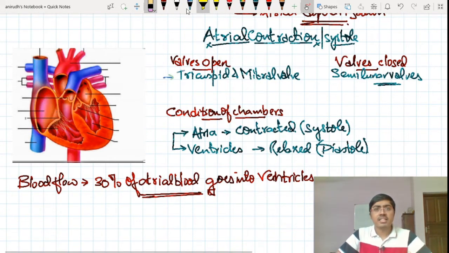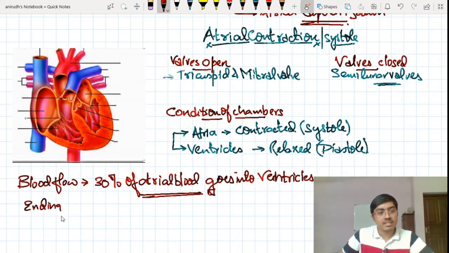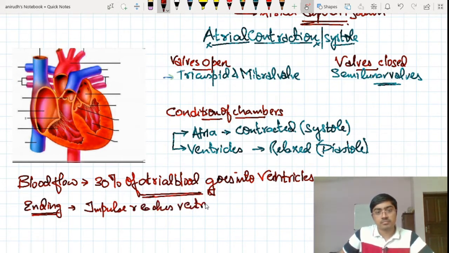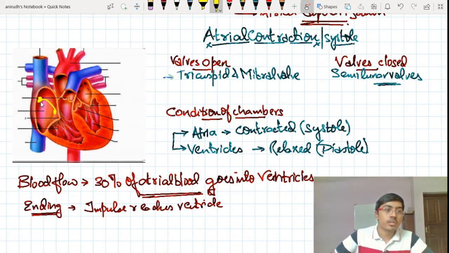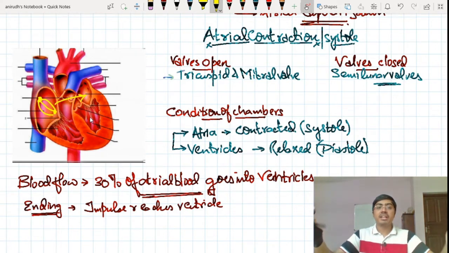Now, the ending is also described in the textbook: how does this particular phase end? The impulse reaches the ventricle. So there is an SA node here, and an AV node here. The SA node has sent its impulse to the AV node, and this was transmitted onward. So the atria started contracting.